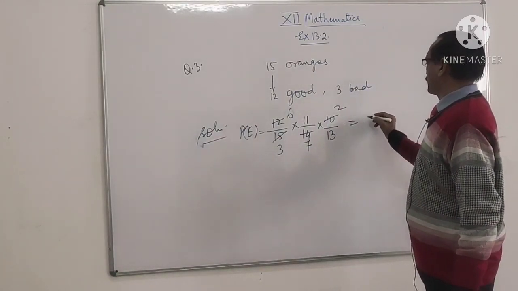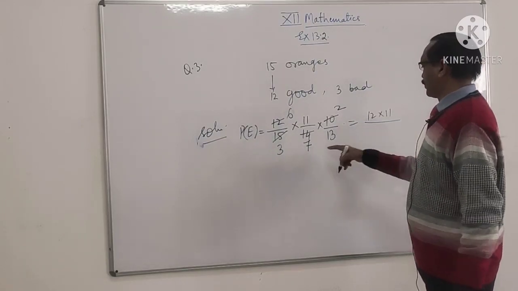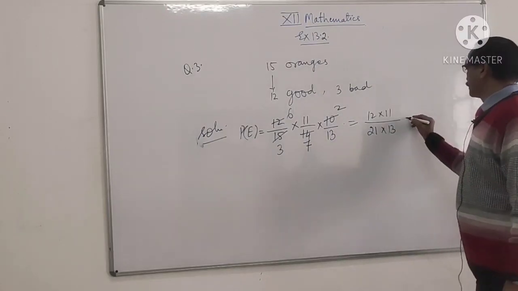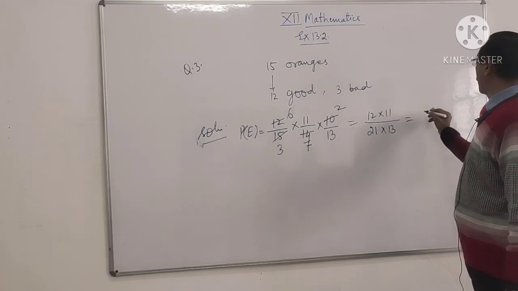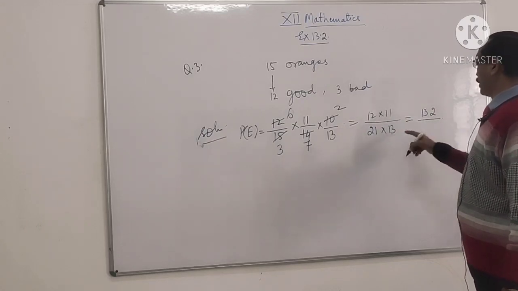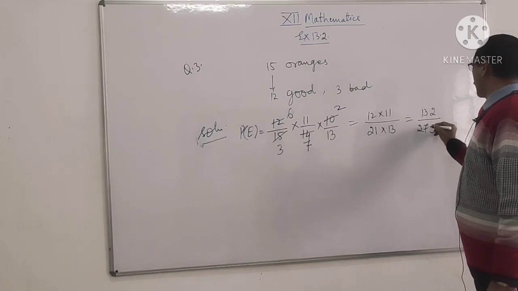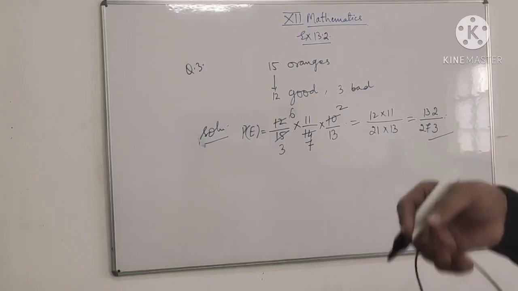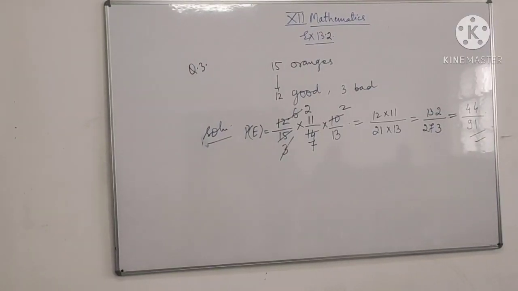Then it is 12 into 11 upon 21 into 13, which gives 132 upon 273. So students, the answer is 44 upon 91.